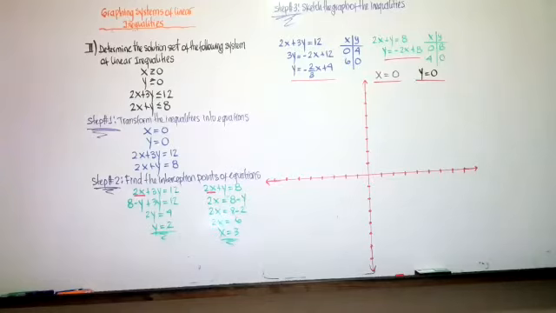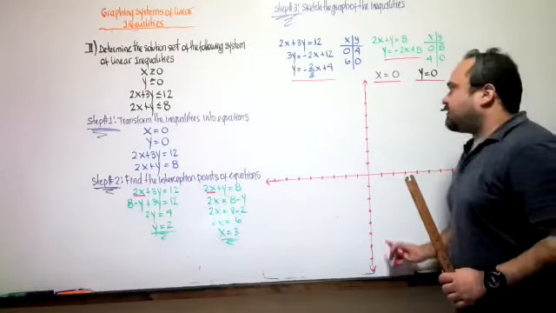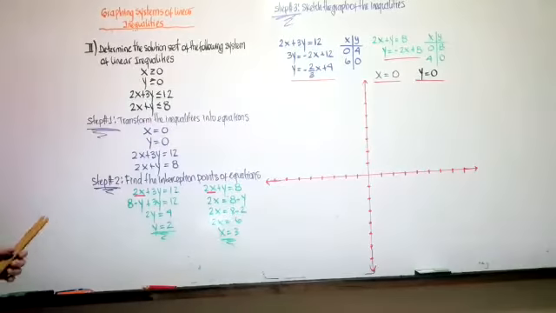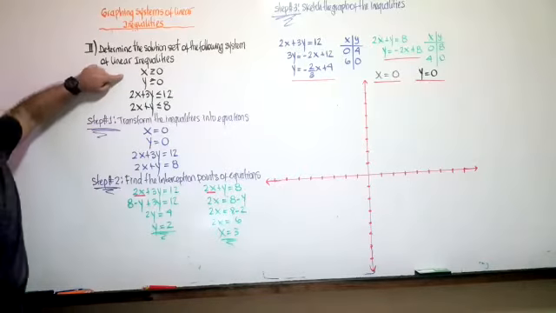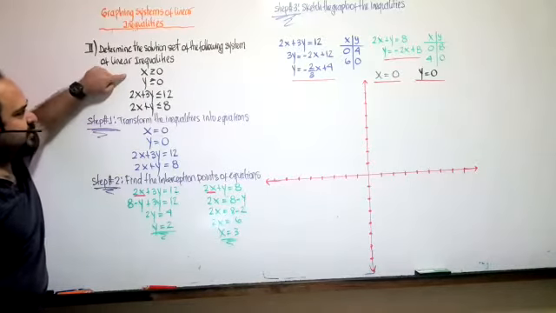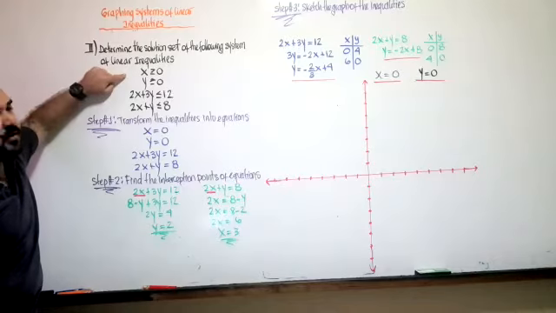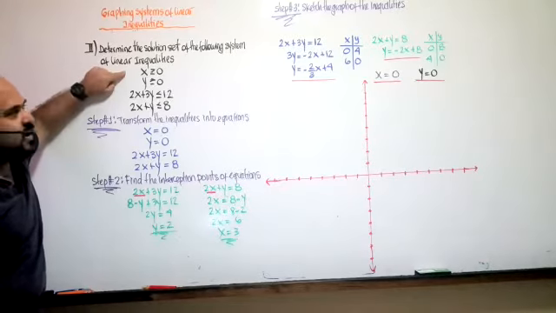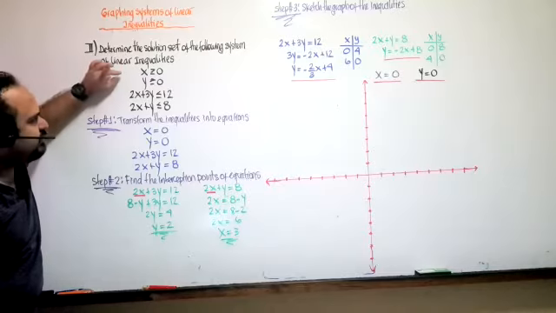Okay, so let's start with the graph. Remember the first condition of the inequality: the value of x is greater than or equal to 0. Remember, don't forget this situation.